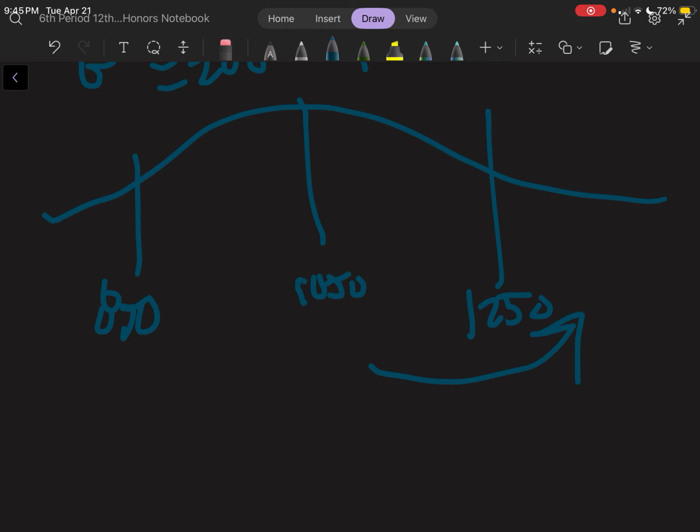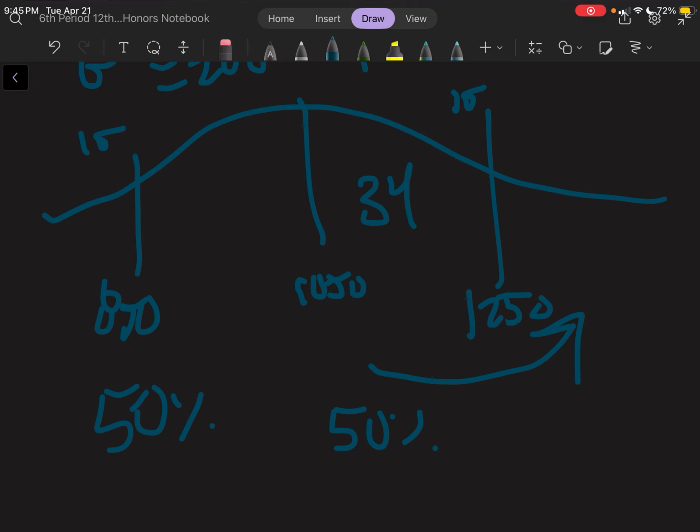Now, since you put 34 here, and 50%, because this is one standard deviation, and one standard deviation, it's asking what percent of students scored above 1250. So 50% of the data is above the mean, and 50% is below the mean, of course, right?